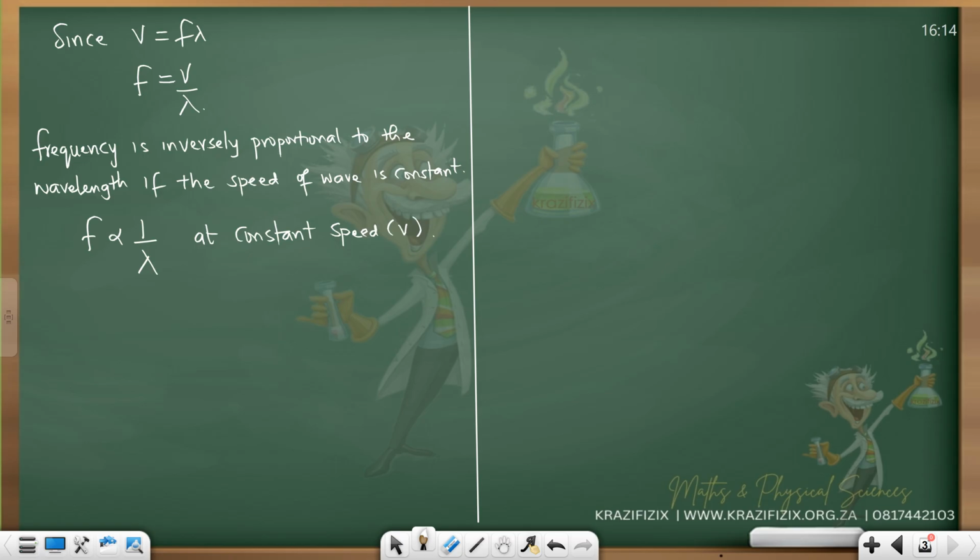And what does this mean? As the wavelength increases, the frequency decreases. As the wavelength increases, frequency, don't forget what frequency is, frequency decreases for the same wave speed.